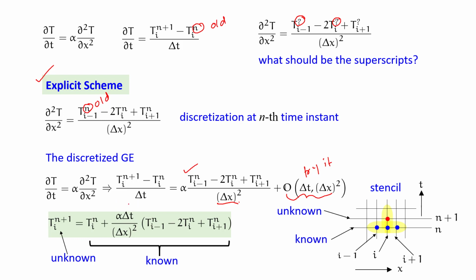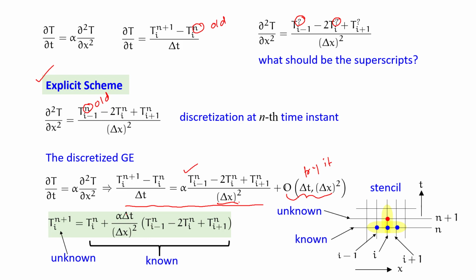Now if I look at this equation and I take the n plus 1 and n terms and segregate them, I see that this equation turns out like this: T_i^(n+1). That means at point i, at the n plus 1 time level, the value of T is given by T_i^n, that means at the same point at the previous time level, plus a certain correction.